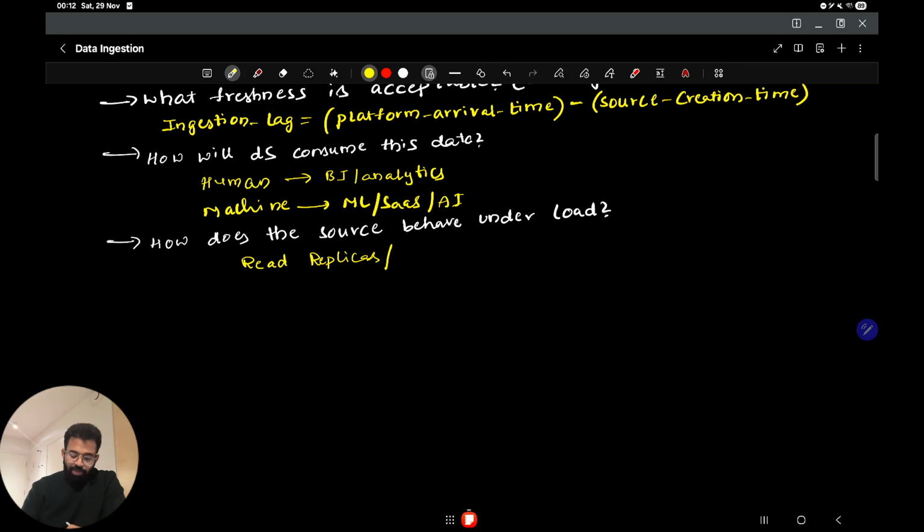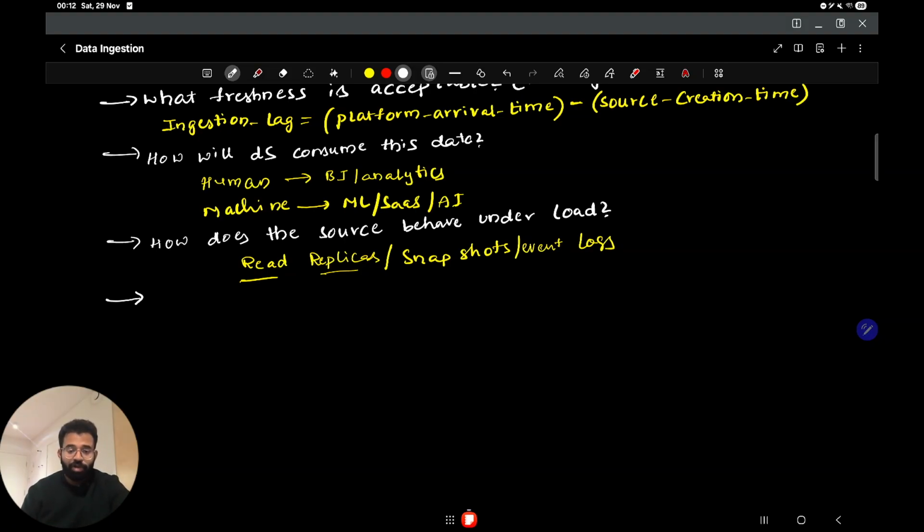The data will be copied, and depending on the configuration, the replica will always be in sync with the source system. So you might get access to read replicas, or you might just get snapshots. You might also get access to event logs or stuff like that. If it is a matured organization, most often you don't really get access to the direct source.